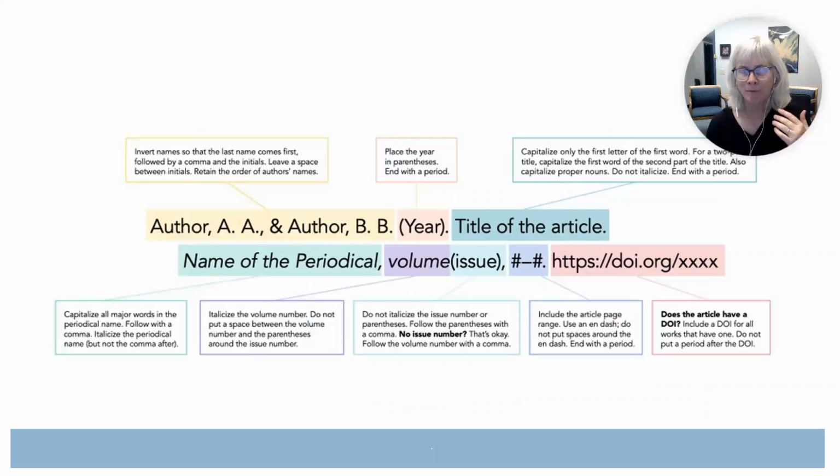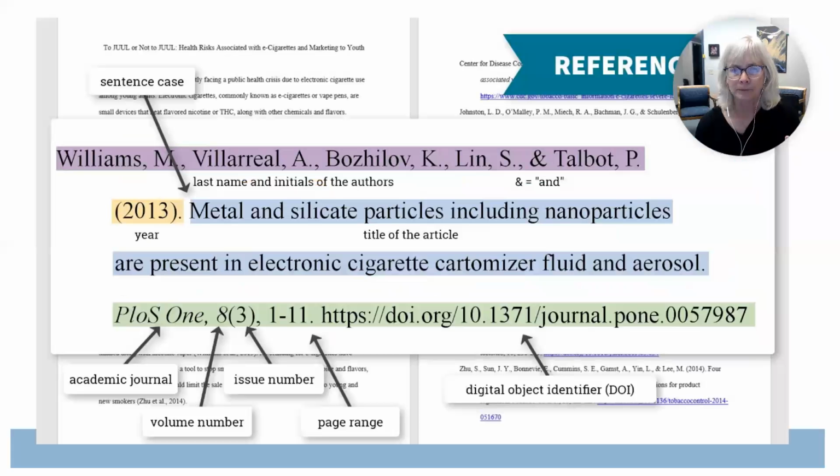So, this is really another way of thinking about what we've just said. Here is another example. You're going to find all of these in the PowerPoint. Okay, so again, the last name, first name, all the authors, the year, full title, the journal number, volume, issue, pages, and DOI.